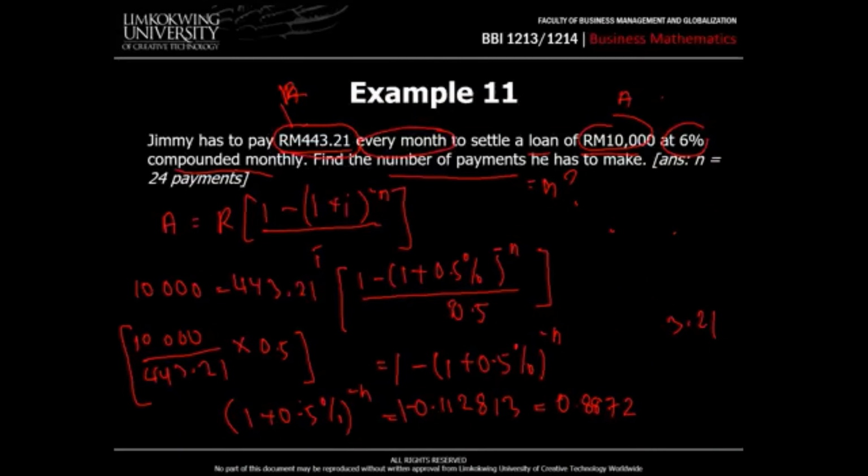Okay, this one, because it is already an index, we have to use logarithm. We have to use log. Then this one we bring here, so here it will be negative n log (1 plus 0.5%) equal to log for both sides, because we want to make it common, 0.8872.